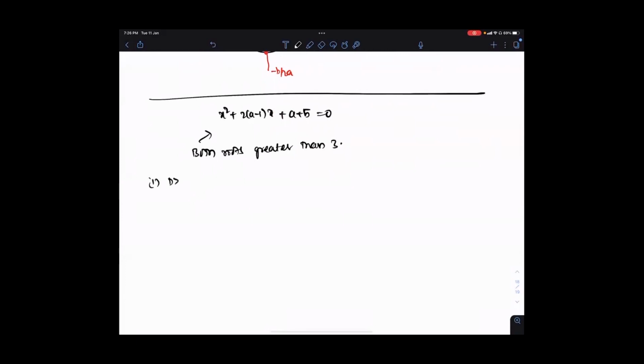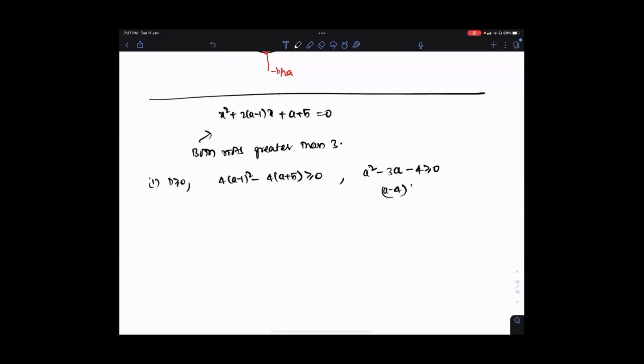Obviously, the first condition, discriminant greater than or equal to 0. What is the discriminant? 4 times a minus 1 whole square minus 4 times a plus 5 must be greater than or equal to 0. If I simplify, I'll get a square minus 3a minus 4 greater than or equal to 0. And this can be done using wavy curve.